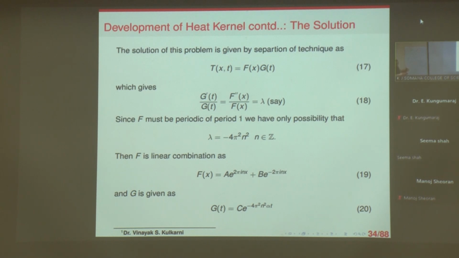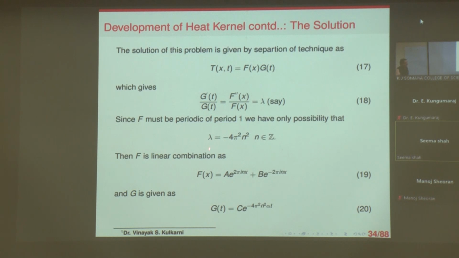Because we have molded this particular rod to a unit circle, and therefore the point located on the circumference of the circle, which is represented by x, I mean theta equals 2 pi x, and as F is a function of x, F should be a periodic function of period 1. So I will take advantage of this particular property, and instead of discussing all the possible cases like yesterday, here I can directly write lambda equals minus 4 pi squared n squared.